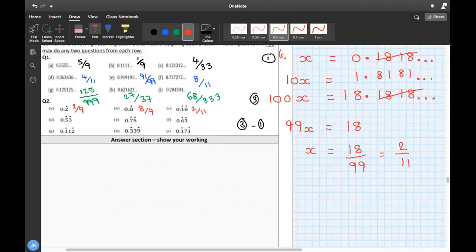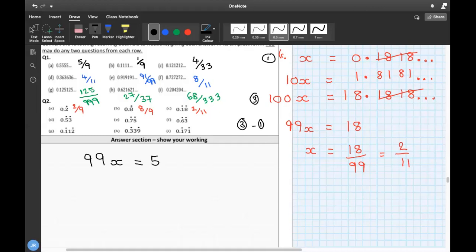Okay then, let's have a look at the next one. 0.53. We can see straight away that it's going to be a really similar thing to what we had going on in part C, because we just have 2 recurring digits straight away after the decimal. So we can skip straight to this point here. We know we're going to have to use 100x and take away 1x. Once we do that, we'll be left with 99x. Then we'd have 53.5353 subtract 0.5353.